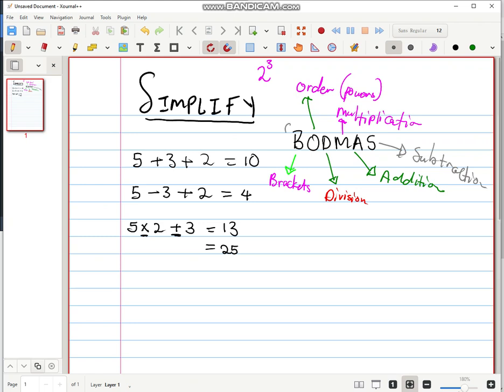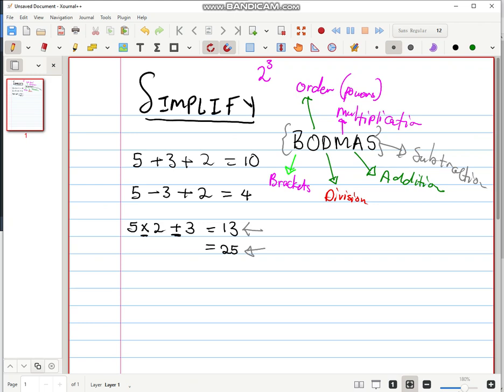So if we use this, we can simply determine which of these answers is correct. Let's look at this and check. We have multiplication and addition. Which one comes first?